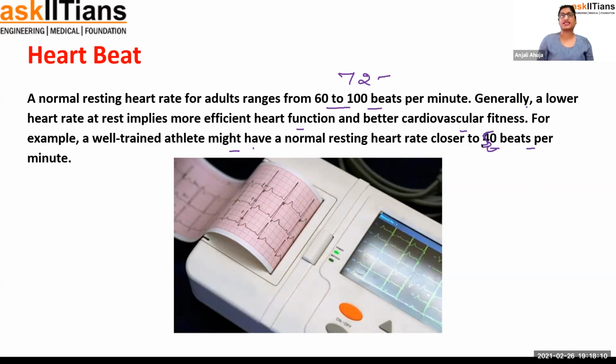So you can say 51 is good, because when the heart is pumping less, it means the body is requiring less oxygen, because the rate of heartbeat indicates how much oxygen is required. Suppose you're doing a lot of physical exercise, you're running. The reason is your heart is beating very fast because you are exhausted and your body needs oxygen.